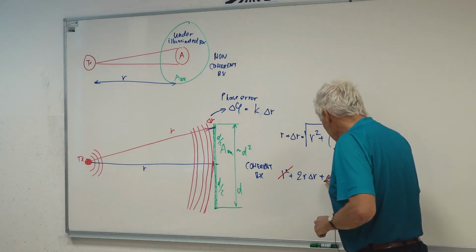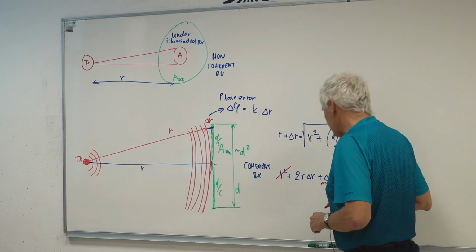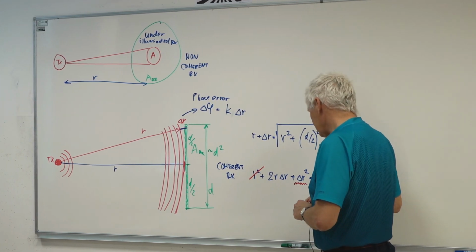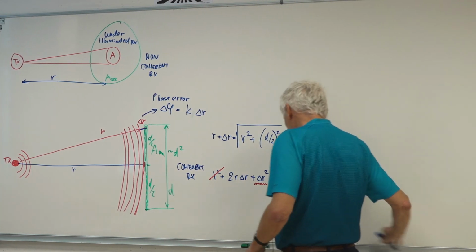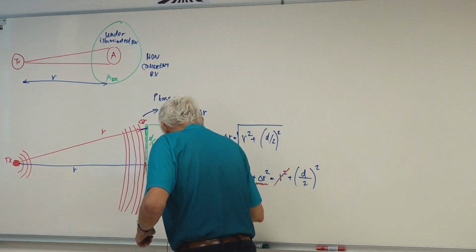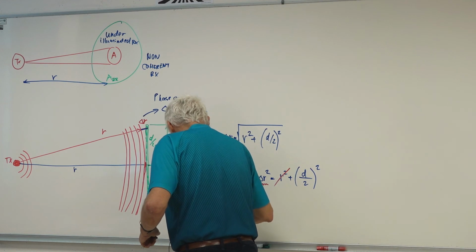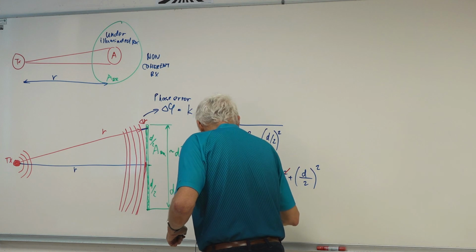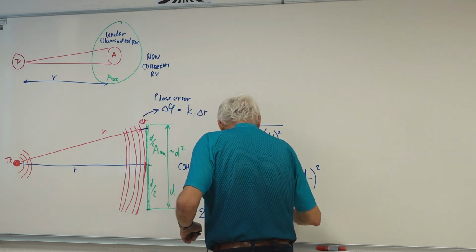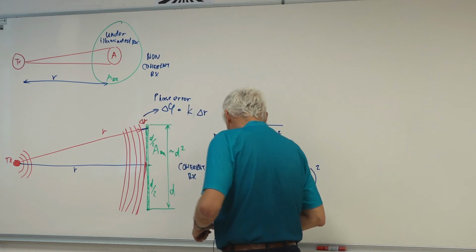This delta R squared is very small because the error is small, and I can neglect this one. So approximately, twice R delta R is approximately (d/2) squared, so this is d squared over 4.